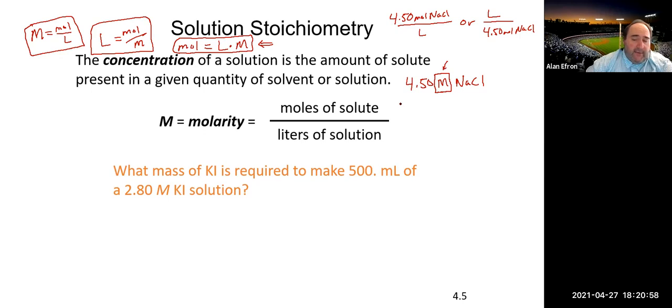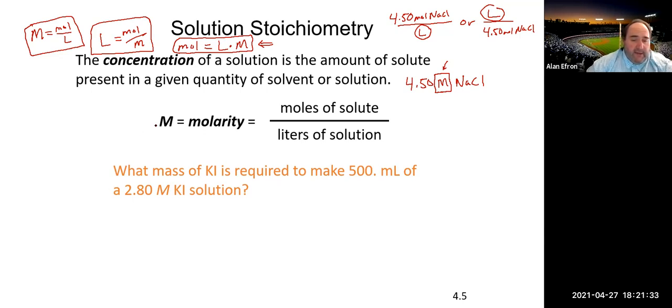Because I can't tell you how often I see people do calculations with the big M and they have absolutely no clue where the liters are or where the volume is. So it's a really good idea to get rid of the big M, convert it into moles per liter. That way you can visually see both units and know whether or not things canceled out correctly. Any questions on that there?